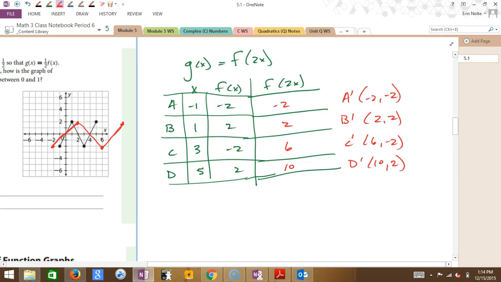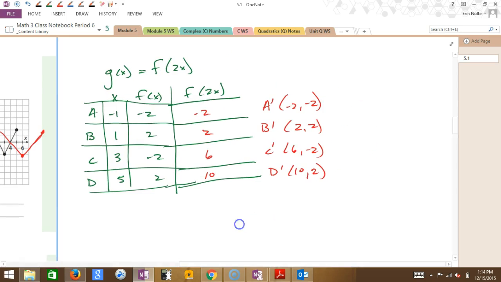So what happened? It expanded. It stretched horizontally, right? Which variable did it affect? The x.